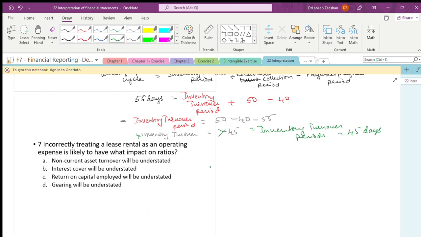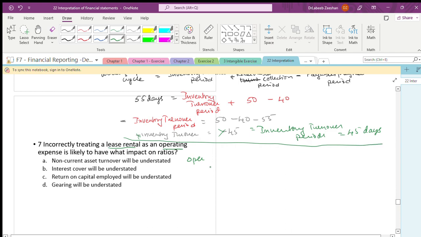Lease rental is nothing but operating expenses.